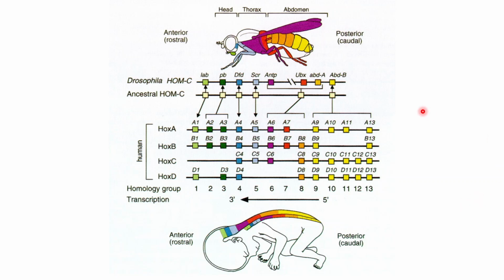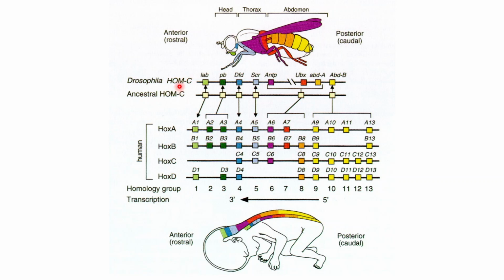This diagram here shows a comparison between Hox genes of a Drosophila and a human. In the Drosophila, we have head, thorax, abdomen, three body parts, where the head is towards the anterior side and the abdomen towards the posterior side. Drosophila homeotic complex and ancestral homeotic complex.